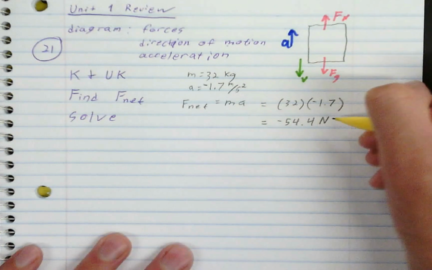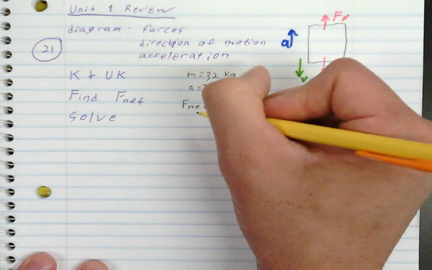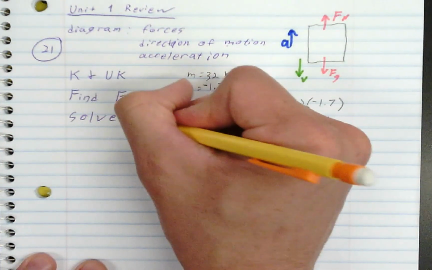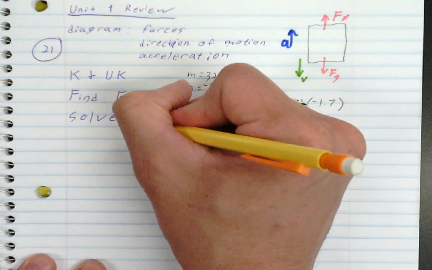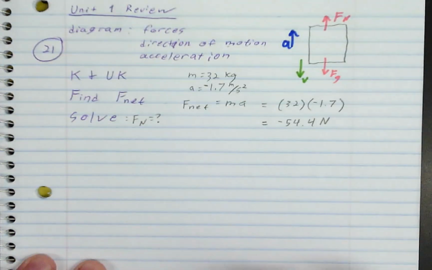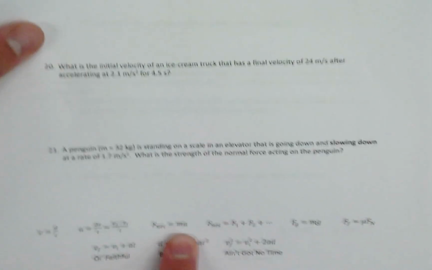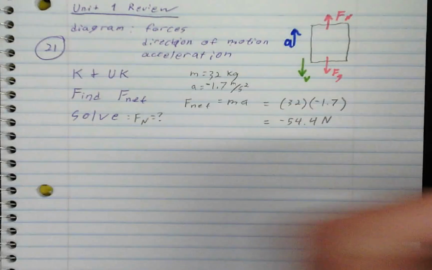All right, that's the net force. Once you've got the net force, now you're going to find what you're looking for. And what we were looking for in this problem is the normal force, right? So now we're going to use this other equation. We use the F net equals MA. Now we're going to use the add the forces up equation.